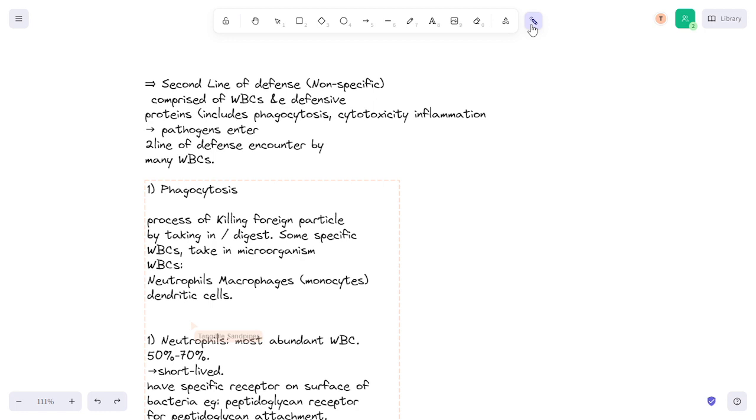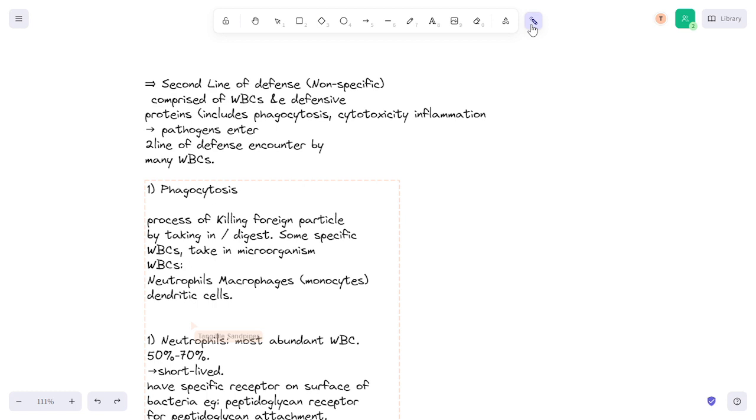For example, phagocytosis means killing any bacteria, any foreign particle by digesting or by taking in. So in secondary defense, when pathogens enter, they are encountered by many white blood cells.